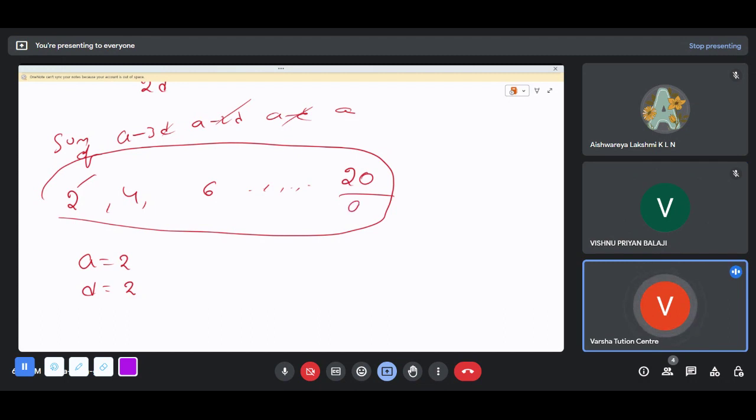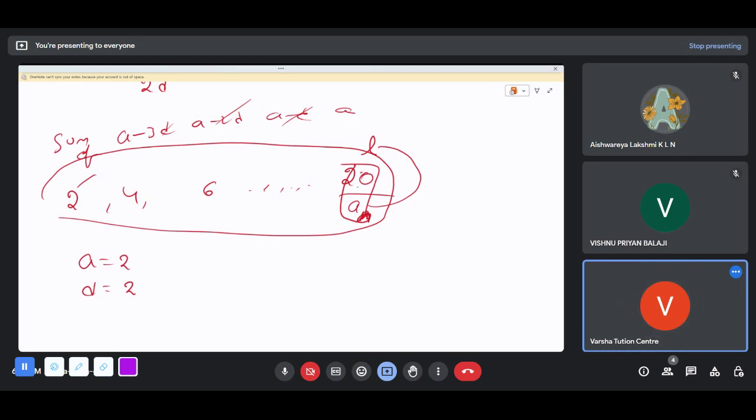And Yoshita said this is the last term given in your AP, so let me indicate it as L, but we know its name as an. Are an and L both the same? In this particular situation, an and L will be the same. I don't know which term this is.